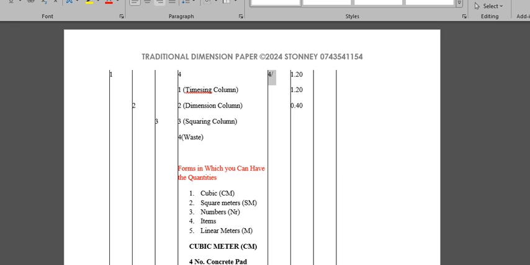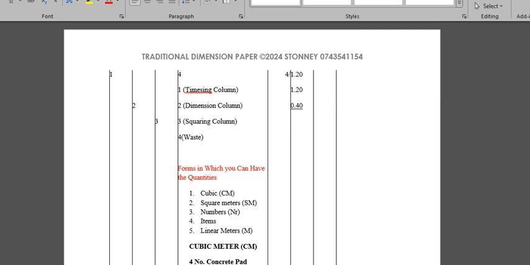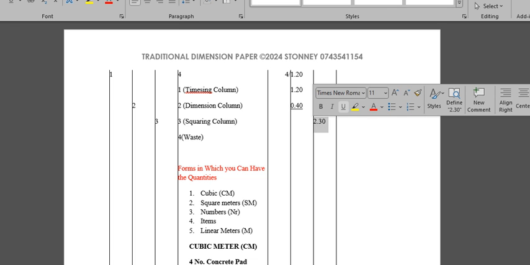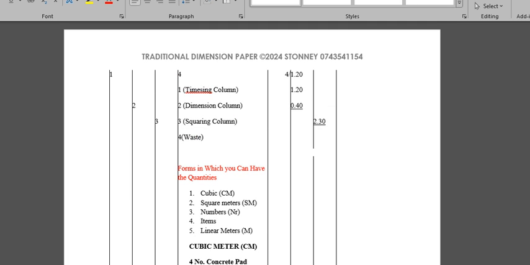Then you underline that, and then we had our 2.30, also underlined in that order. So we are learning the concept of dotting on.